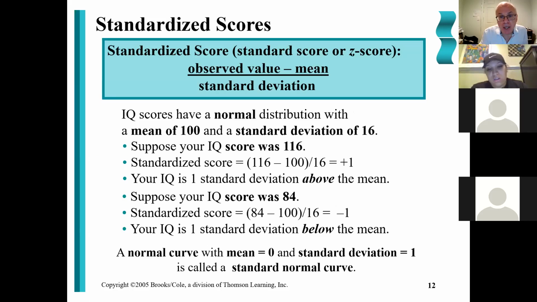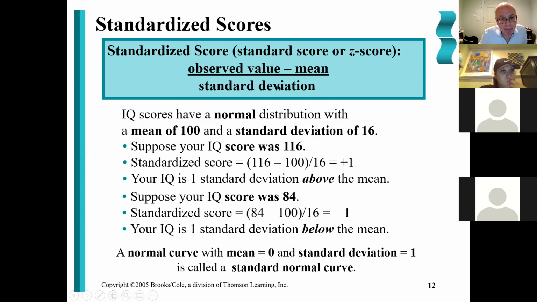Well, if you know the mean, which is sort of the middle value, and you know the standard deviation, which is the average spread of the data, and you have a particular score for a test, let's say the SATs or something, and you want to know what is your standardized score? You take your actual score, your raw score, you subtract the mean, and that gives you the difference between your number and the mean in the numerator, and you divide it by the standard deviation.